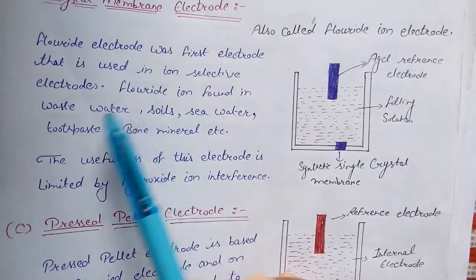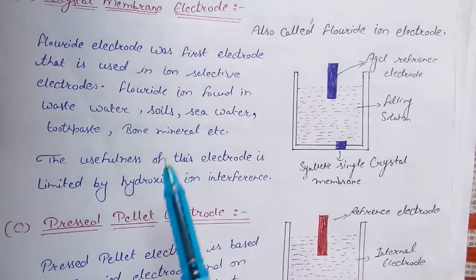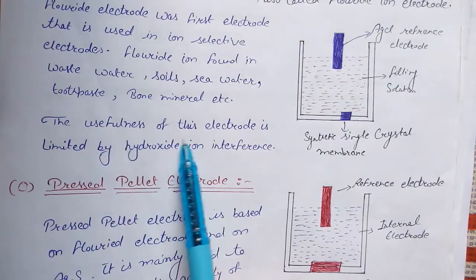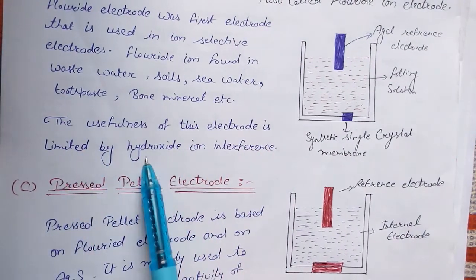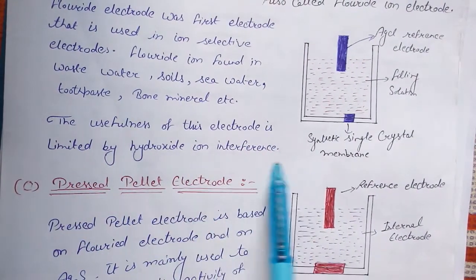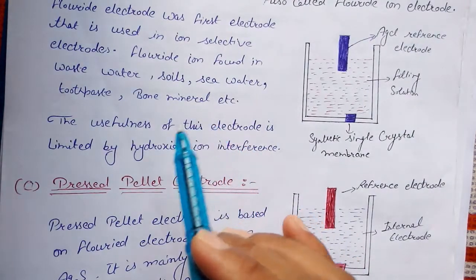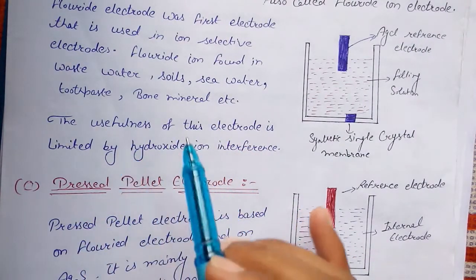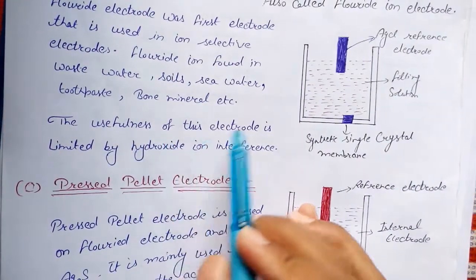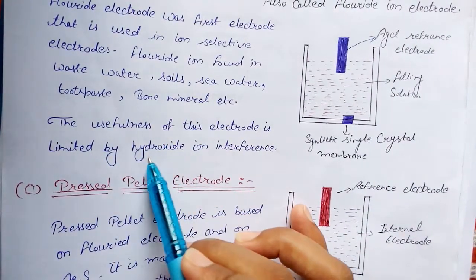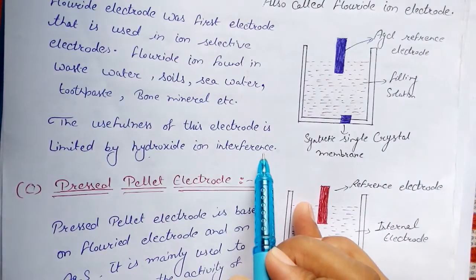It is also found in wastewater and soils, right? The usefulness of this electrode is limited by hydroxide ion interference. So this is the main limitation of it, that where it is used, its usefulness is limited by hydroxide ion interference, right?